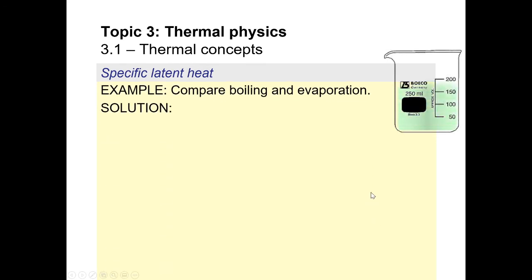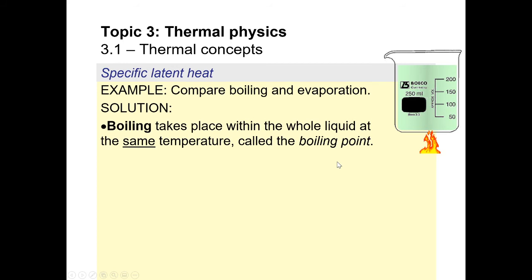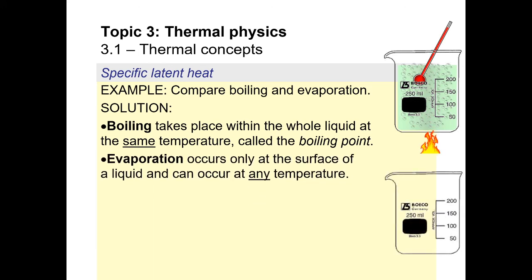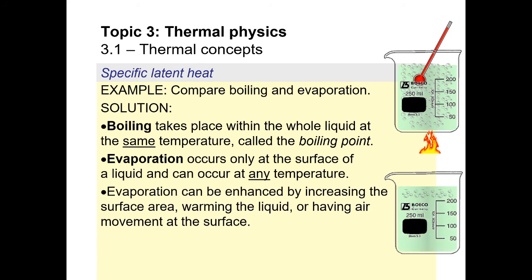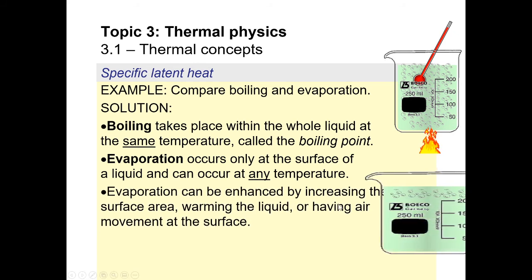Now let's compare boiling and evaporation. When something's boiling, that means the entire liquid is at the same temperature, hence the boiling point. But evaporation, when the liquid turns into steam, only occurs at the surface of the liquid, and that really can occur at any temperature. Now, how can you enhance evaporation?